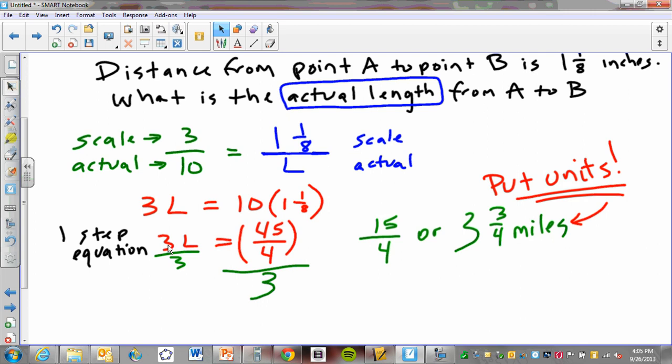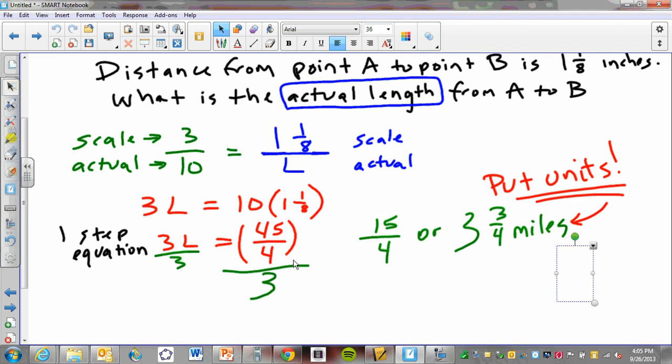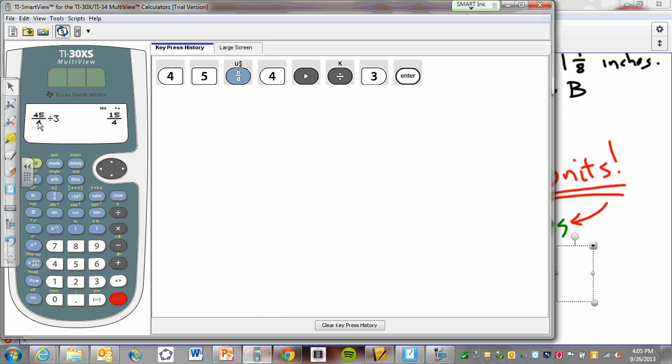This is a one-step equation. Divide by 3, divide by 3, plug this into the calculator. You can most definitely divide a fraction by a regular number. Let me show you. 45 over 4, divided by 3, and it will spit out your answer.